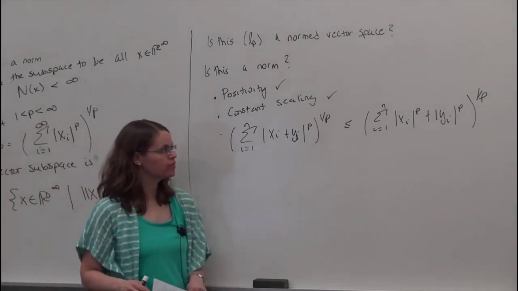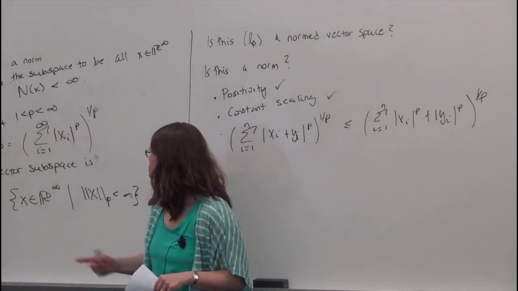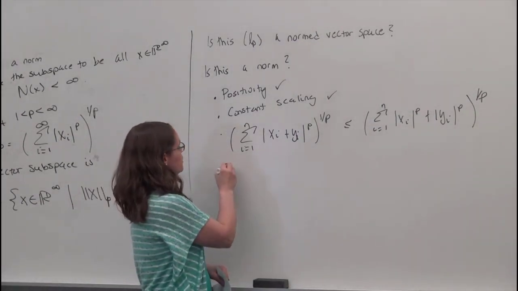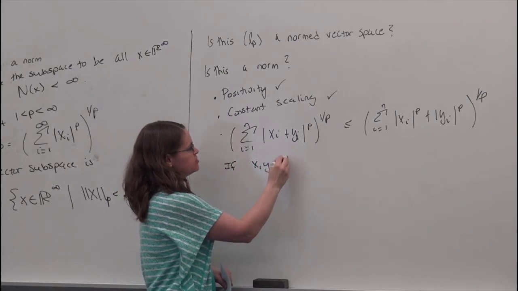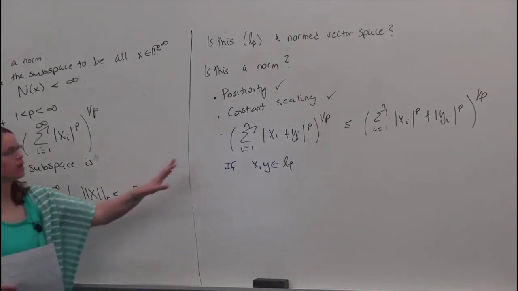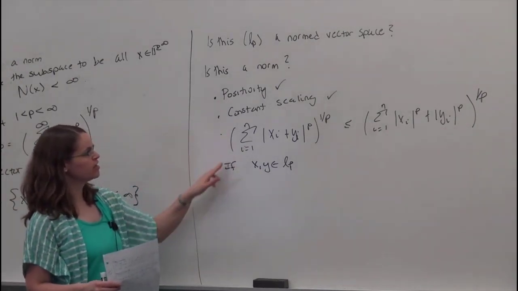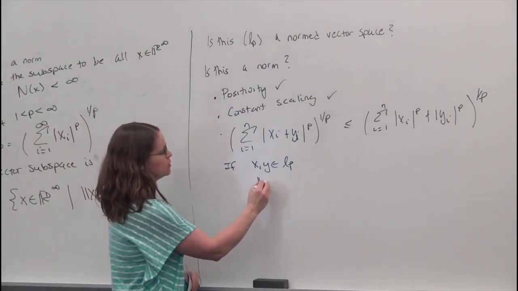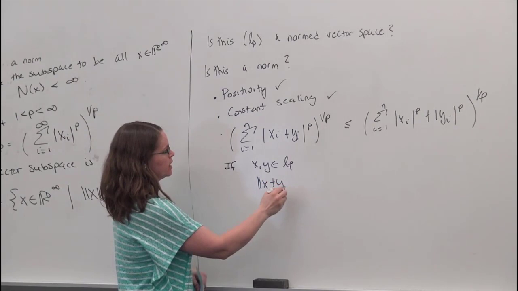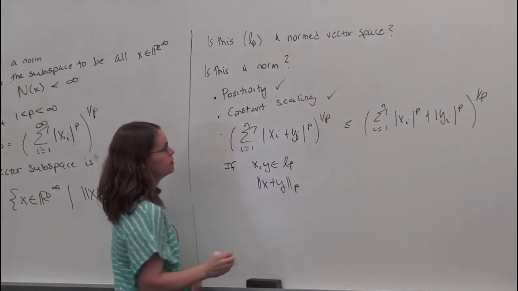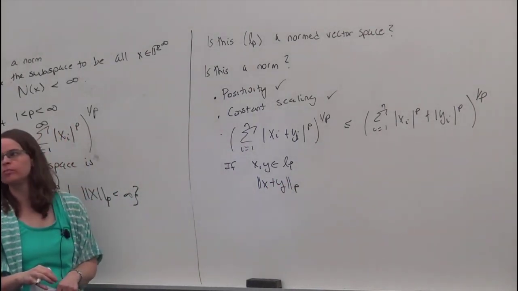Now, let's suppose that x and y belong to this space. So we know x and y have finite norm. All right, so if x and y belong to this space, they have finite norm, then we take the limit as n goes to infinity, and on the left-hand side, this inequality just says that we get the p norm of x plus y.